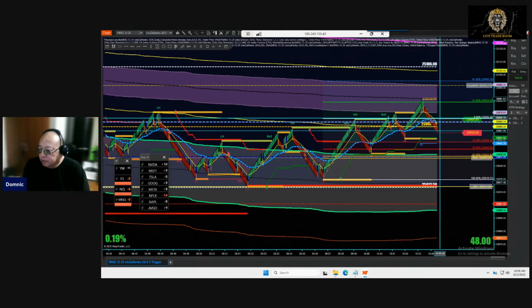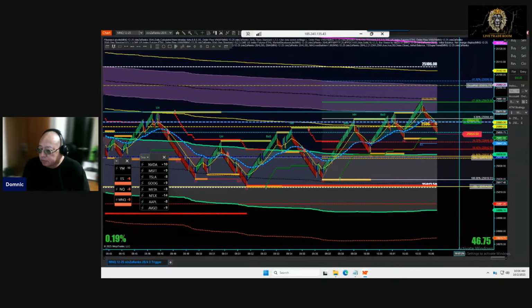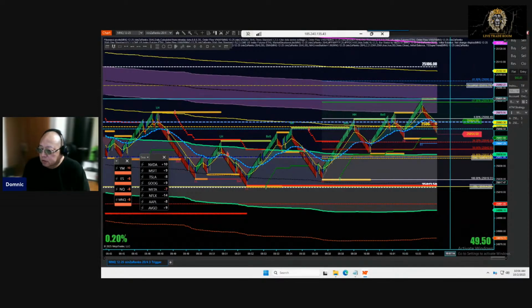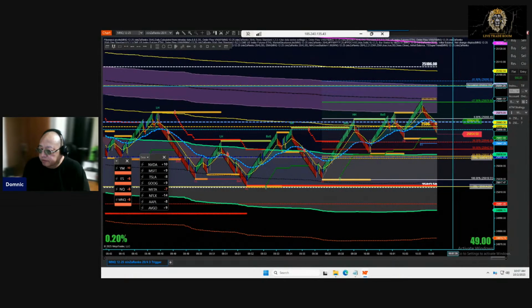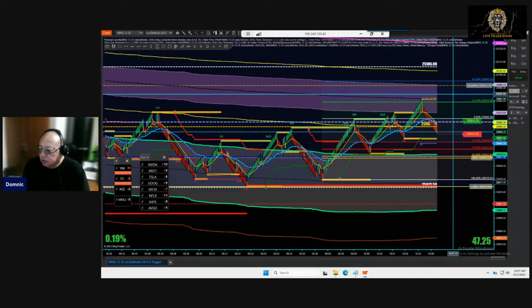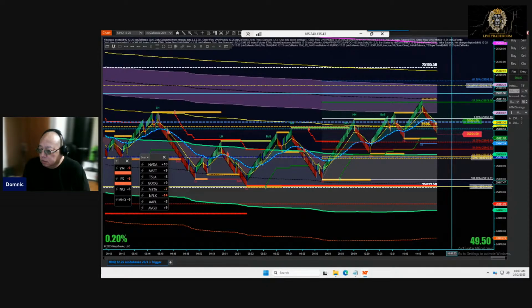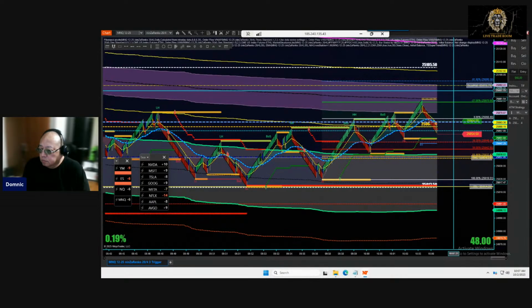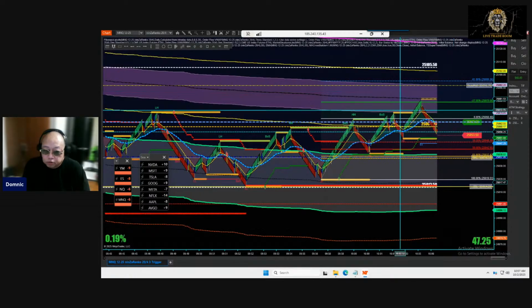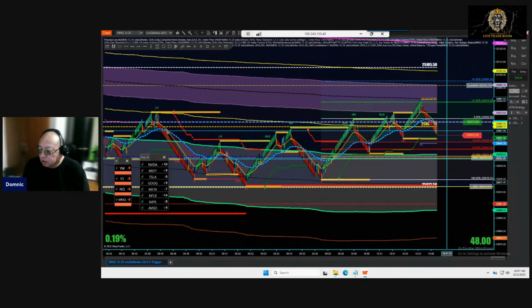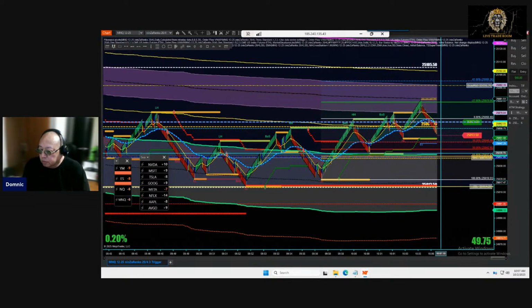So if we break that, we want to see a pullback for this, if it's going to continue to the downside. Because most likely it's going to test this right here, the -1 deviation, and come back up. Let's see.